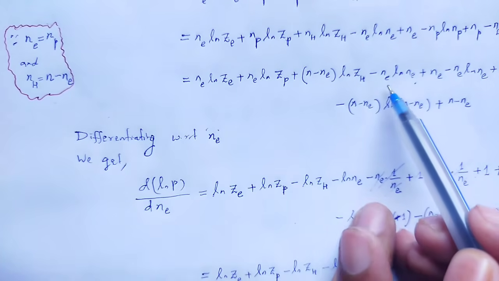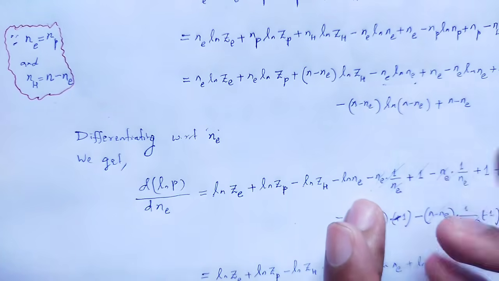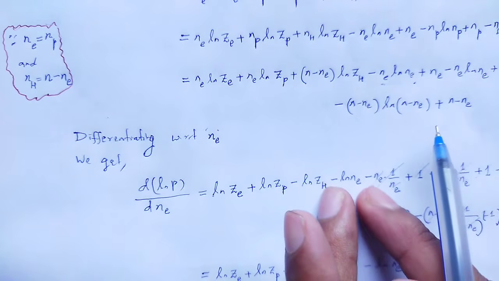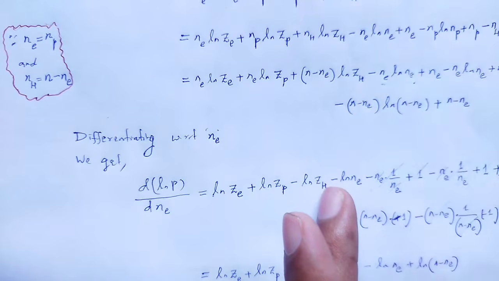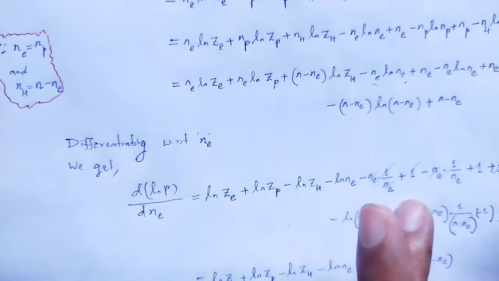Look here, for that NE ln NE, that is ln E minus that one, differentiation first term second term as constant, differentiation second term first term as constant, next NE differentiation as 1.